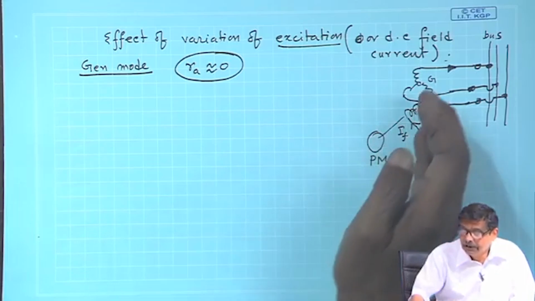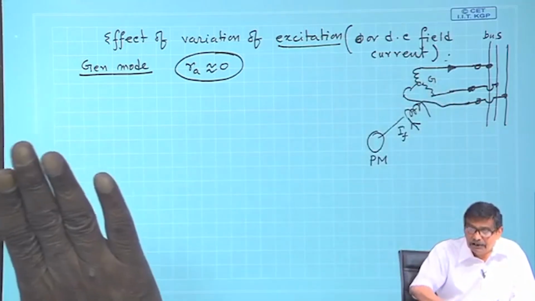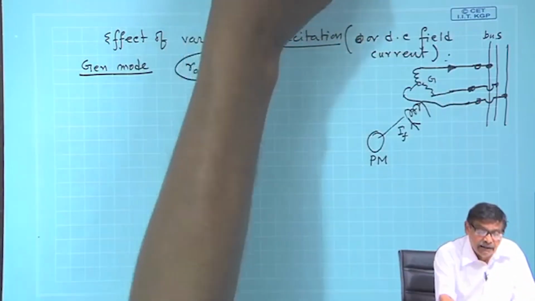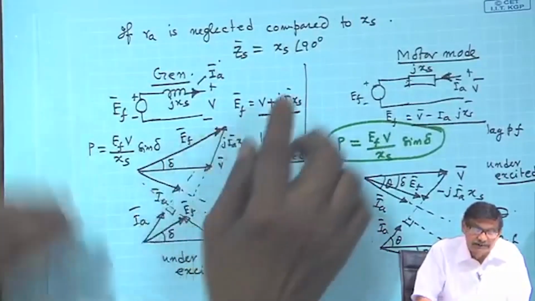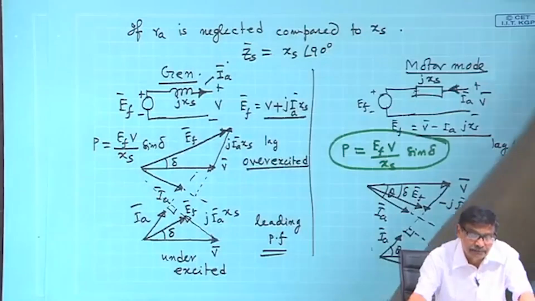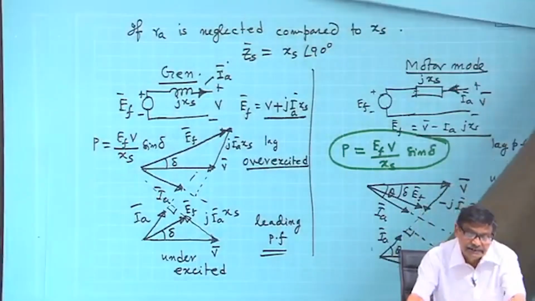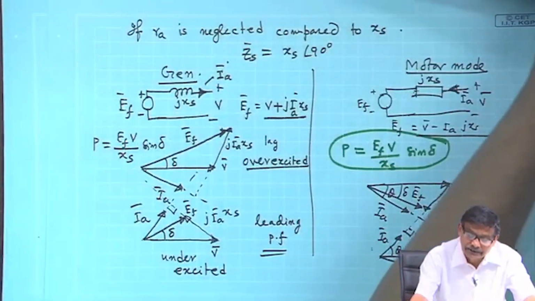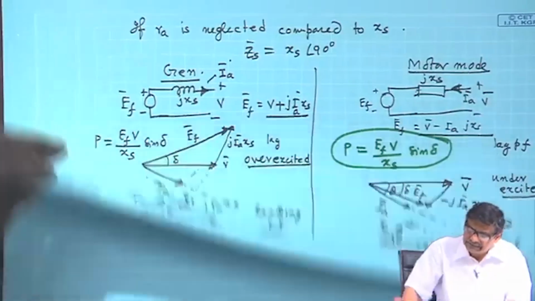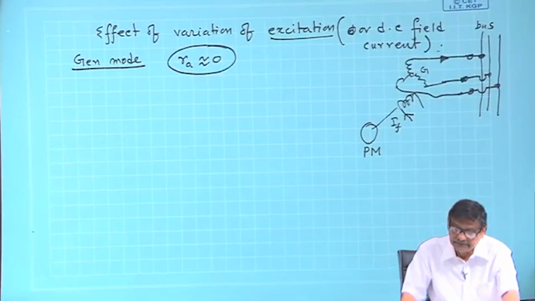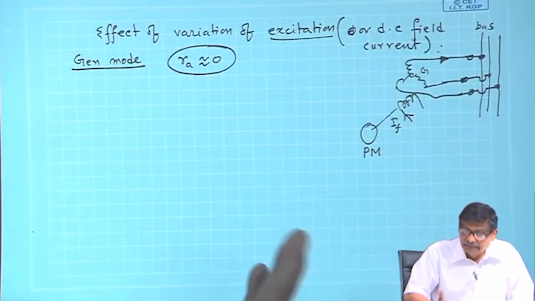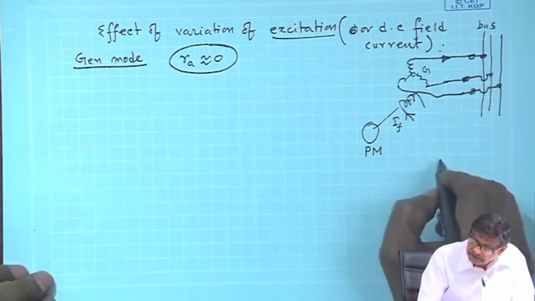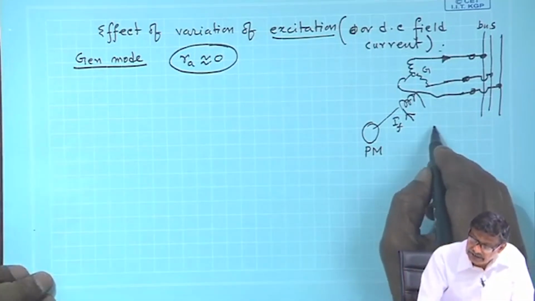Okay. Then only real power, the rotor will then become in advance of the resultant field, that is this diagram. In steady state, everything will be rotating, so the rotor field should be in advance of the resultant field.